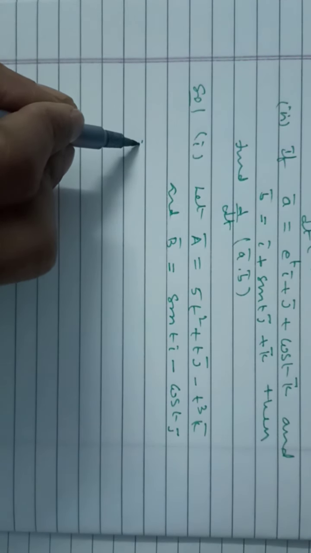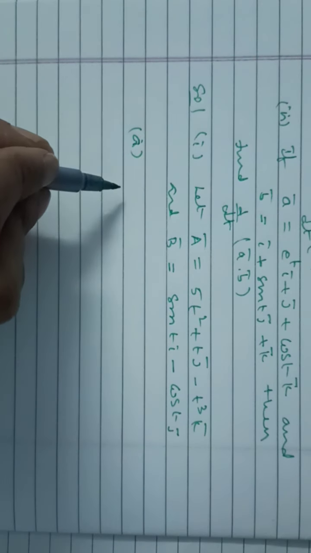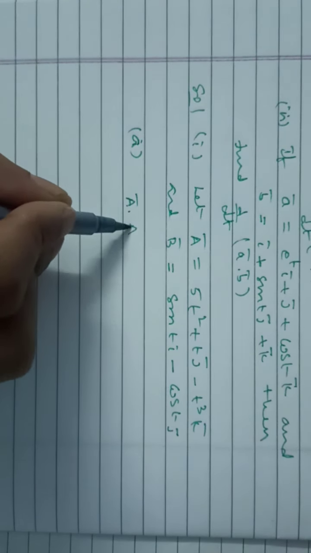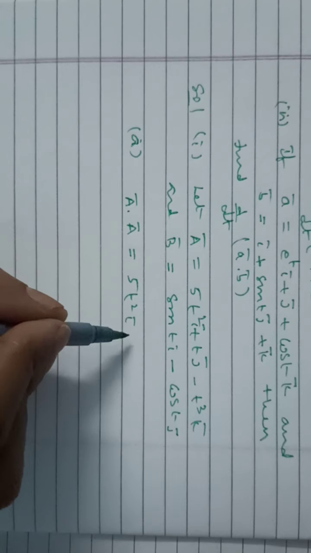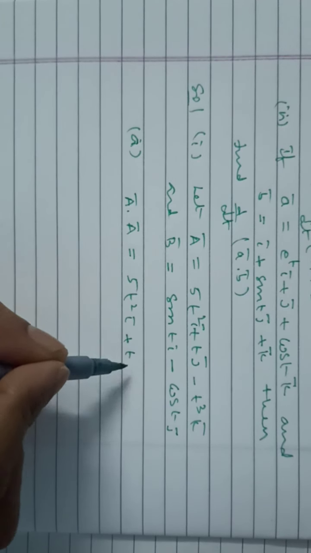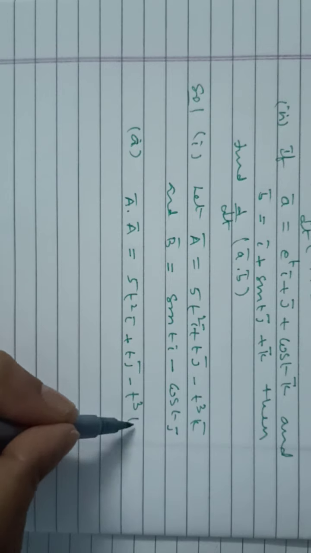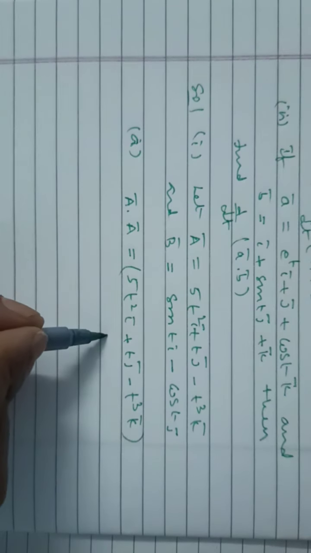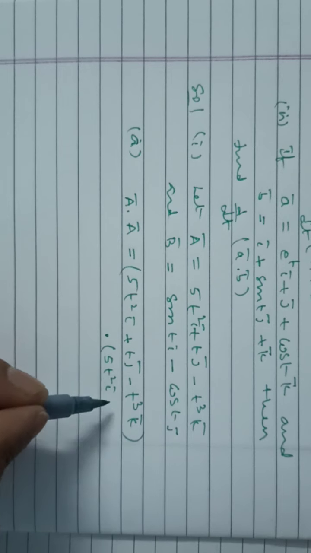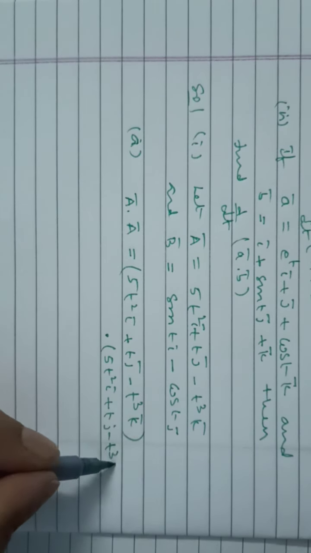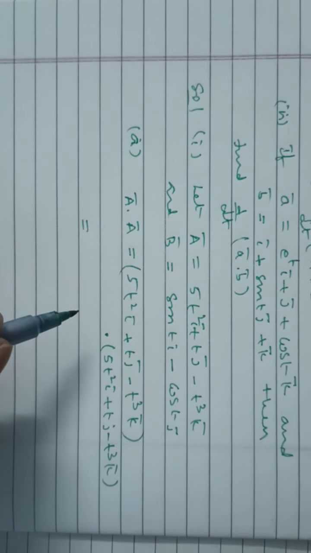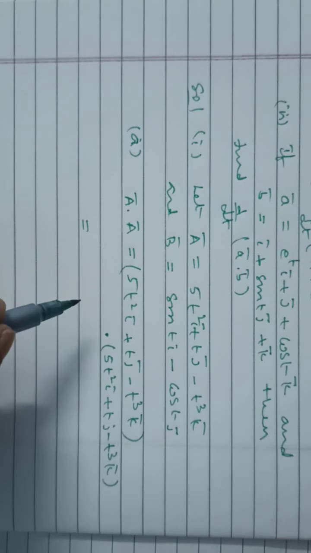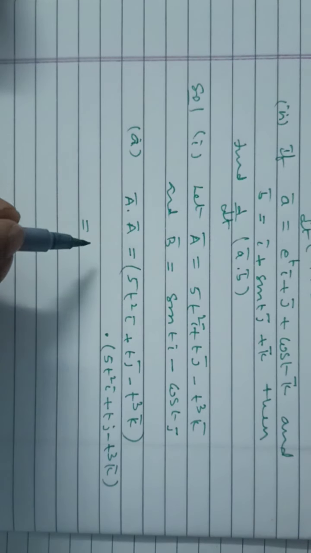Now a problem, a bar dot a bar is equal to 5t square i bar plus t j bar minus t cube k bar dot 5t square i bar plus t j bar minus t cube k bar. So for the dot product of two vectors it is enough to multiply i bar coefficients plus j bar coefficients plus k bar coefficients.